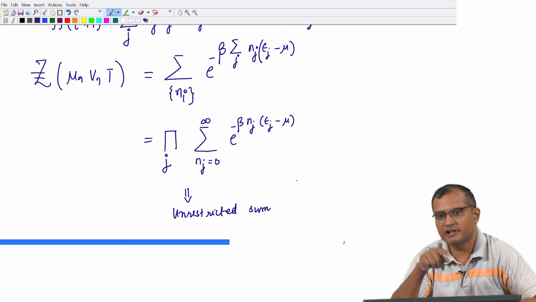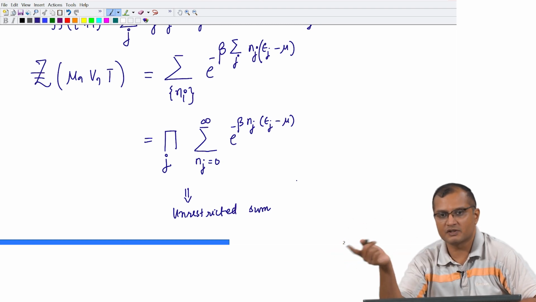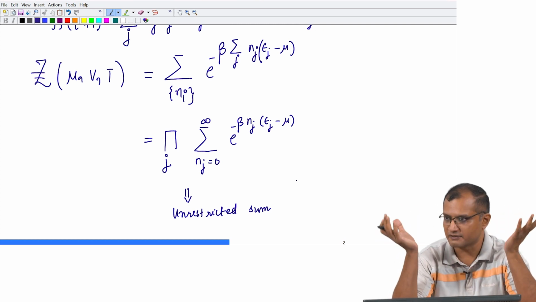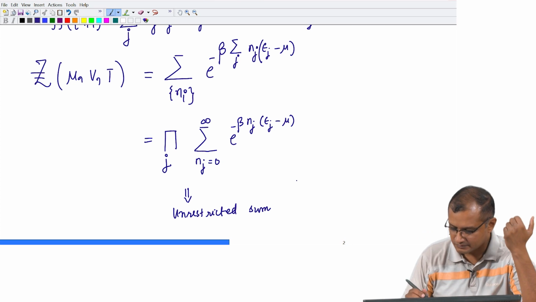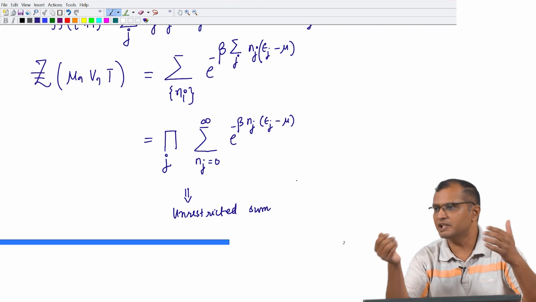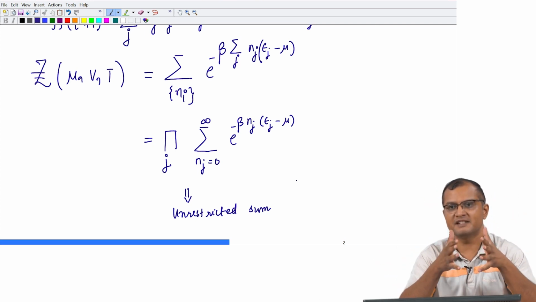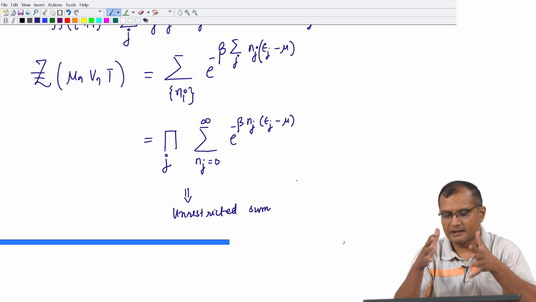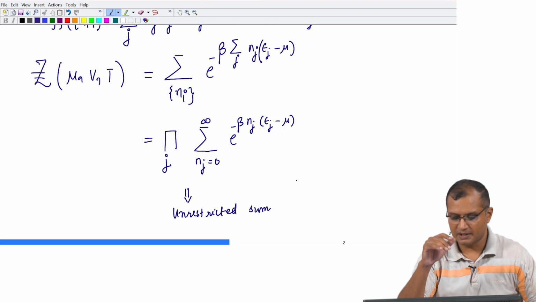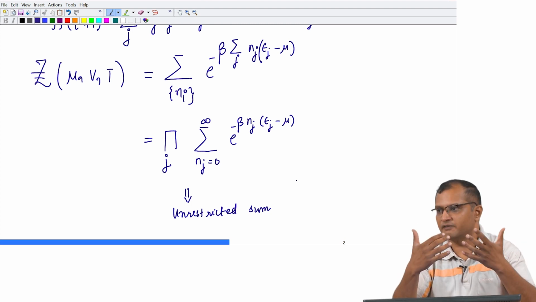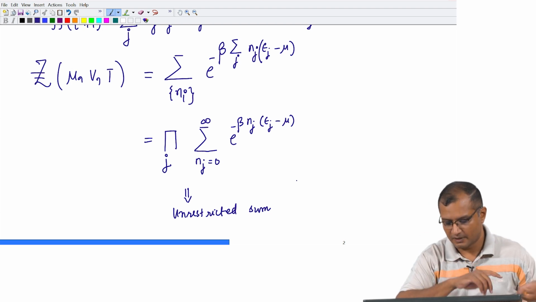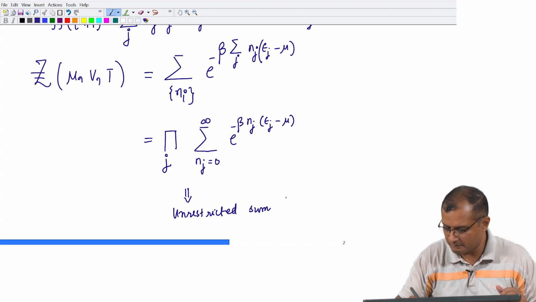Previously, if you take 0 to infinity in one, then you can't do anything in the second one, because you have to conserve the total number of particles. But here I do not have to conserve my number of particles, my n could actually go up to infinity, which means each nj, which is independent of the other exponent, can run from 0 to infinity without getting affected by the label in the next exponent. So, this is now an easy sum which can be performed very easily.